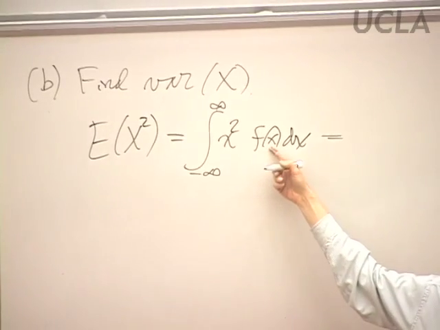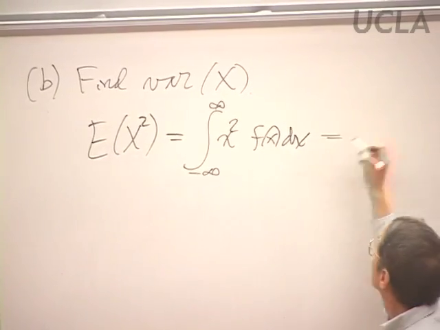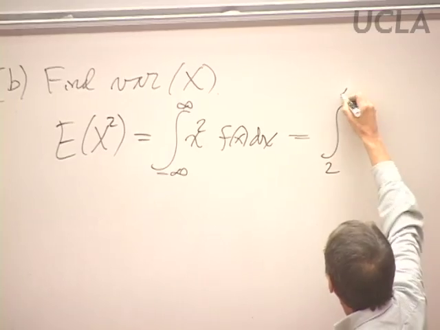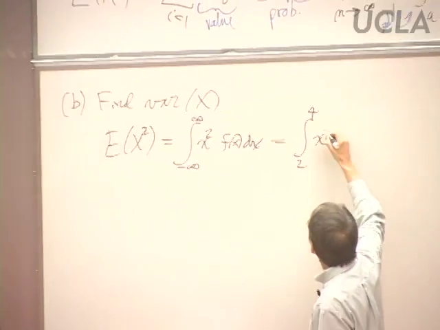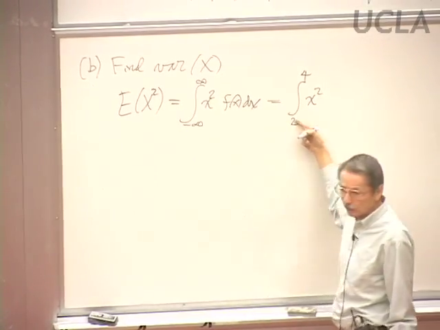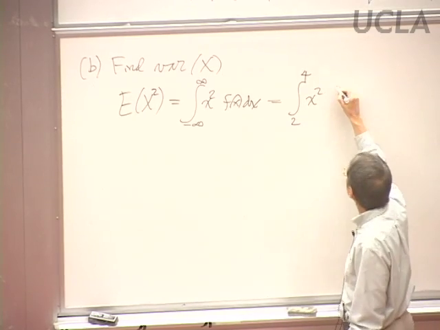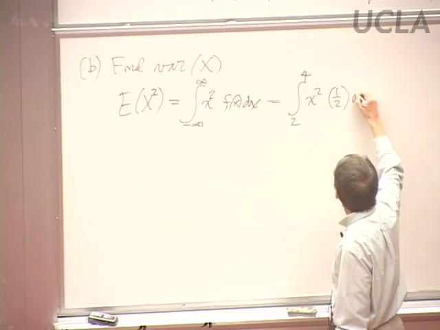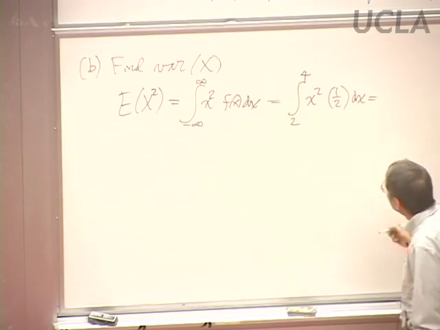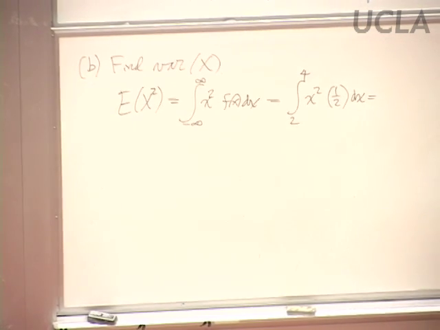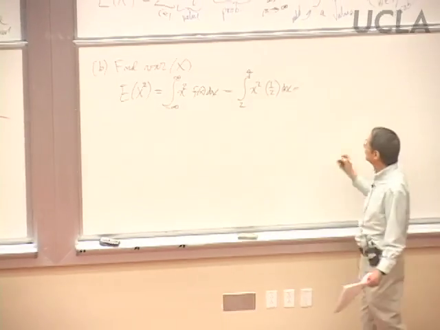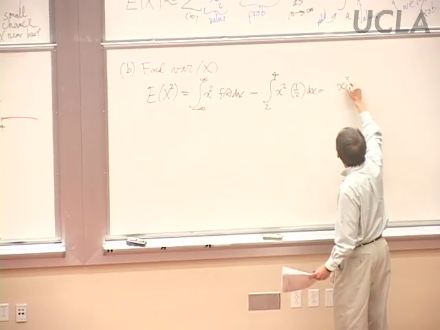Well, the density is 0 except between 2 and 4. So the only non-zero part of this integral will be the part between 2 and 4. We need an antiderivative for x squared over 2. Let's use x cubed over 6.